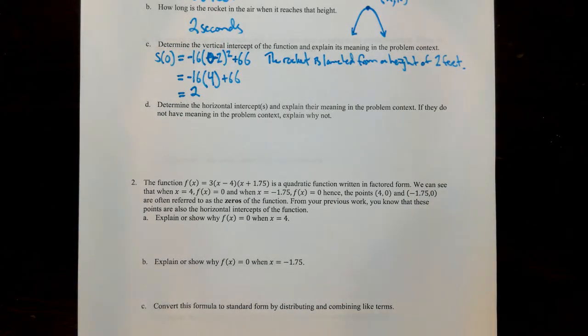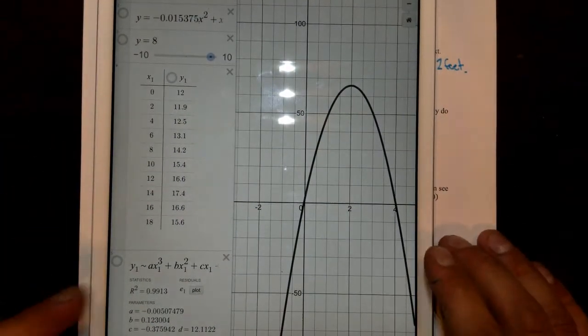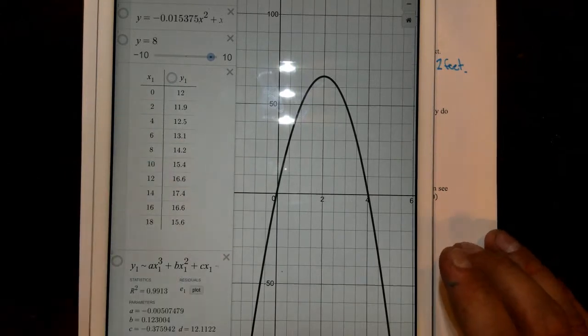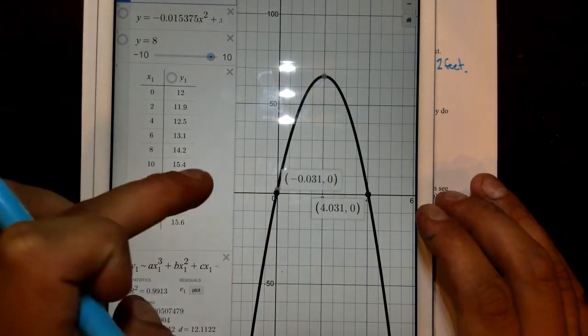If they do not have a meaning in the problem context, explain why not. So we're going to use Desmos for this. And I went ahead and I graphed the function on Desmos. And we get a quadratic. So let's talk about its x-intercepts.